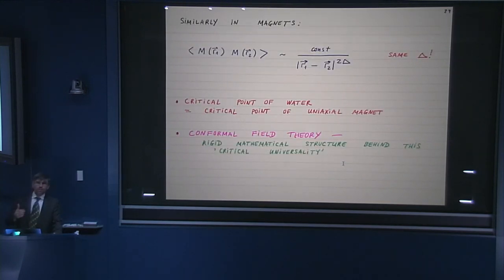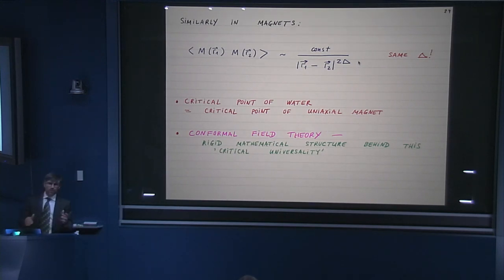But moreover, this exponent turns out to be the same not only for liquids, but also for magnets. For magnets, the fluctuating quantity is the magnetization, the local magnetization at the points r1 and r2. You take this correlation function at 2 points, you find the power law, and amazingly, the number delta that you get for magnets is the same as you have for liquids.